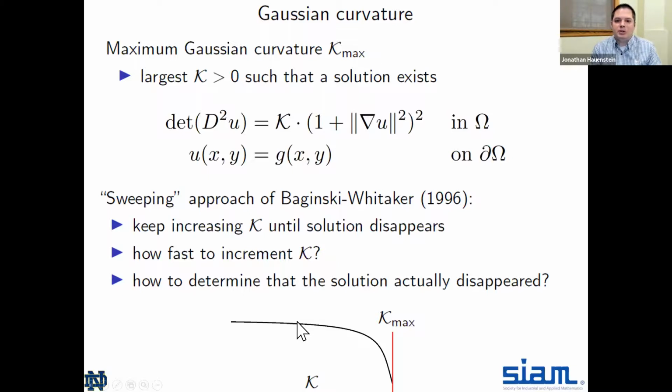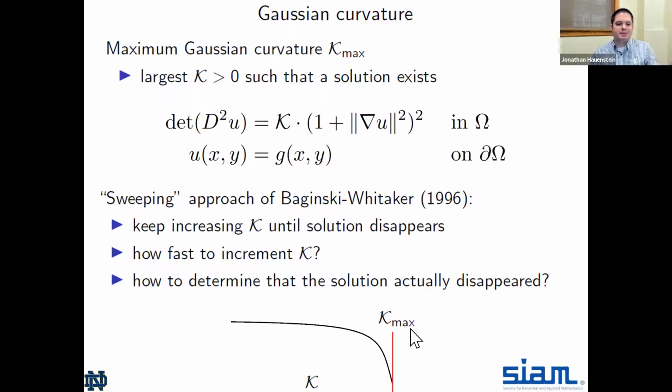So what do? You don't know where the maximum is. Well, there is a paper from roughly 25 years ago that says, let's take a sweeping approach. Start somewhere and then just increment along the way and keep incrementing until the solution disappears.